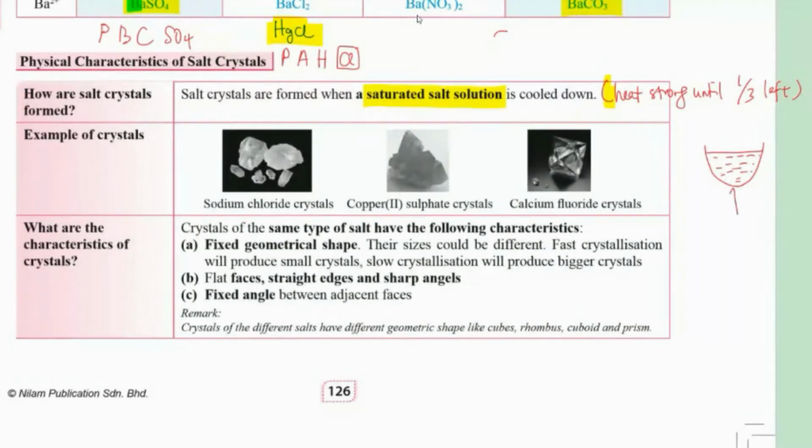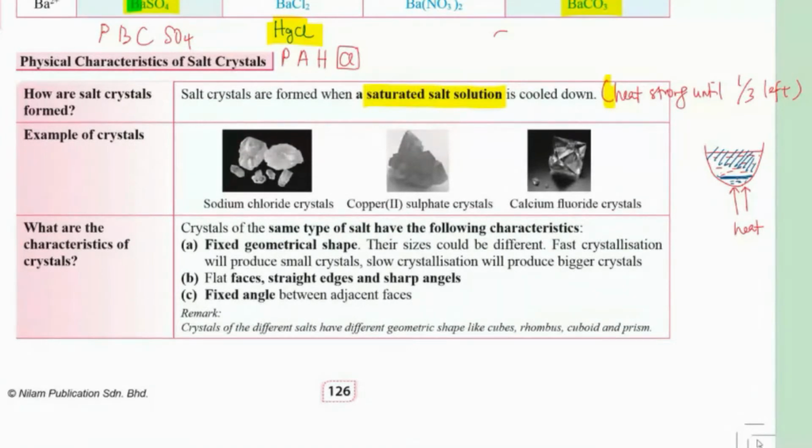You heat it strongly and evaporate it, so it leaves around one third, meaning this part is gone. With one third left, you will see the salt crystals will form here. When it cools down, a lot of salt crystals will be formed here.